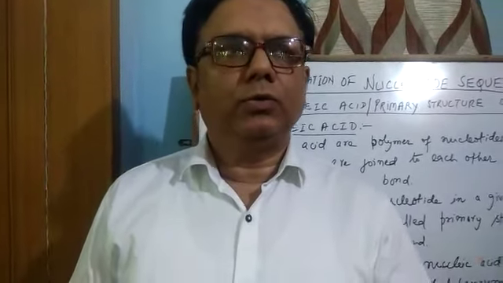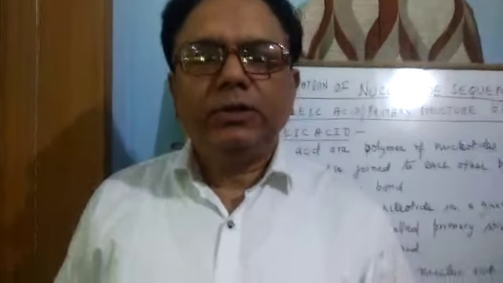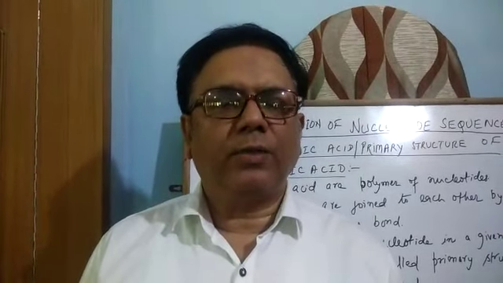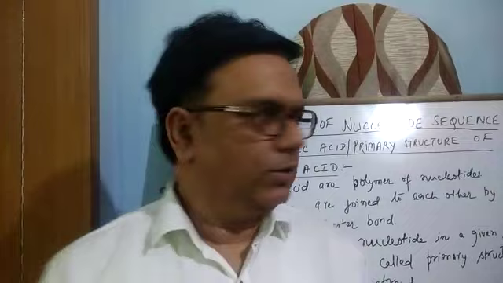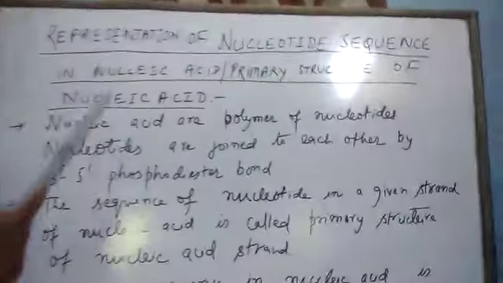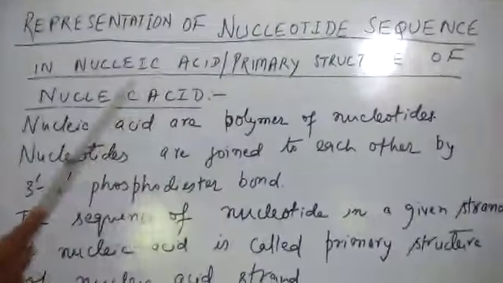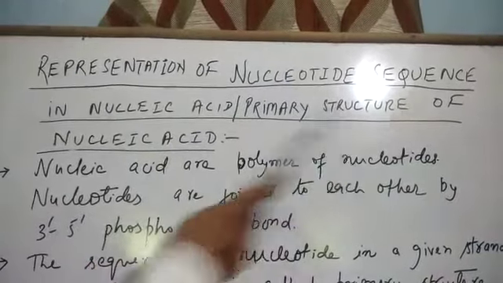Now you know that two nucleotides are joined together by a 3'-5' phosphodiester linkage.